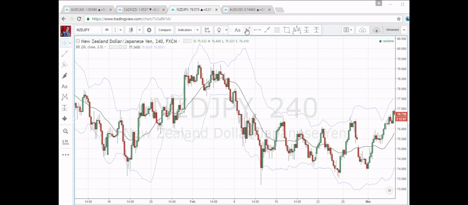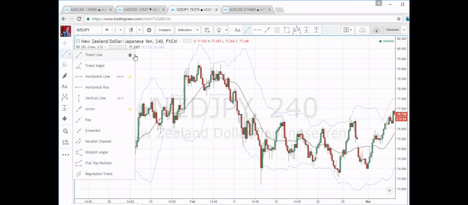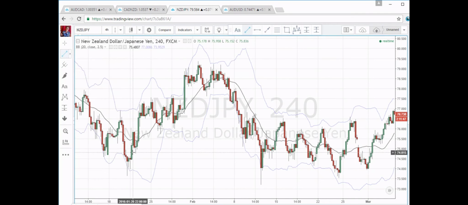And with this pattern, that's where the trend line comes in. So let's take the trend line tool. You can get it here from the top menu bar, or if you have not done it, just go here to the left and click the first one. You can click on the star and it will be added to your quick bar, or just click here on the trend line. Now you have selected it, and we will draw the trend line going from the lowest low.